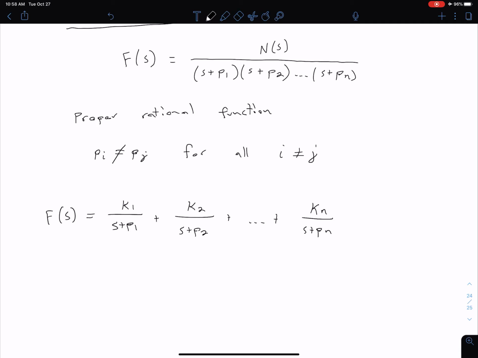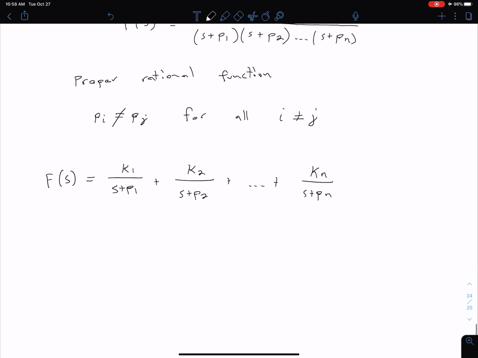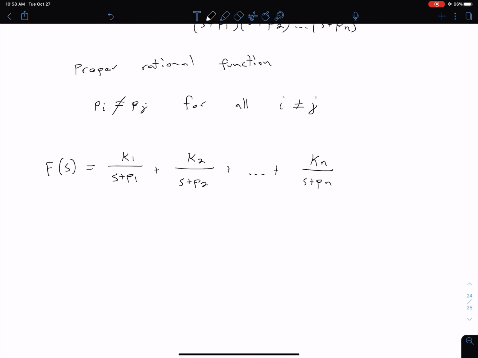Now we want to find these coefficient terms, k1, k2, all the way up to kn. The technical name for these is residues. So these coefficients are called residues of F of s.